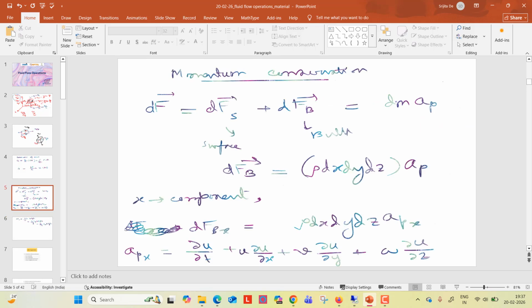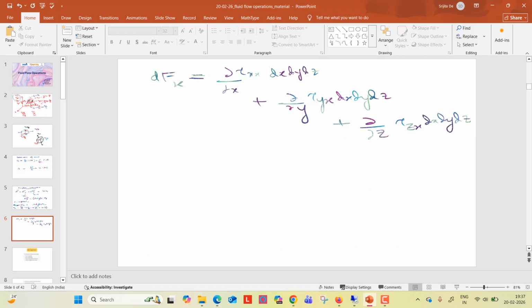We are writing it in full form: rho dx dy dz into apx, and apx has that big expression, del u del t plus u del u del x plus v del u del y plus w del u del z.